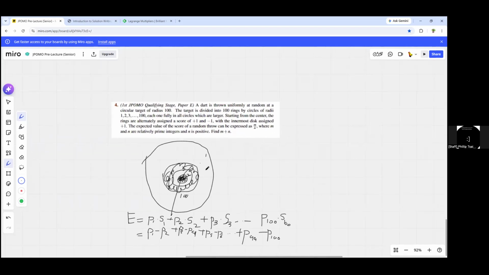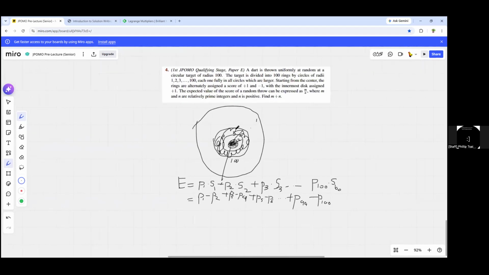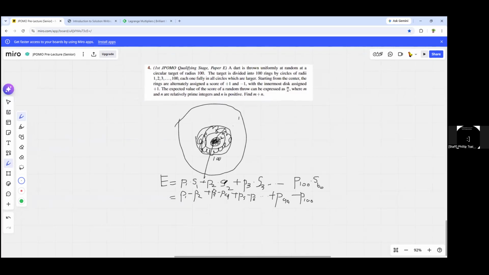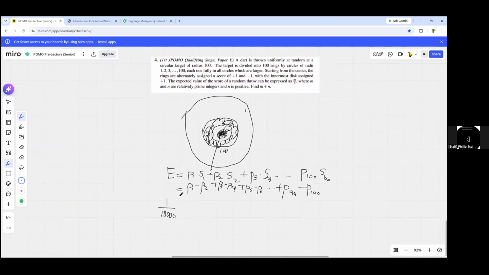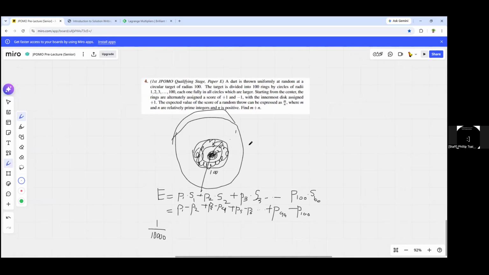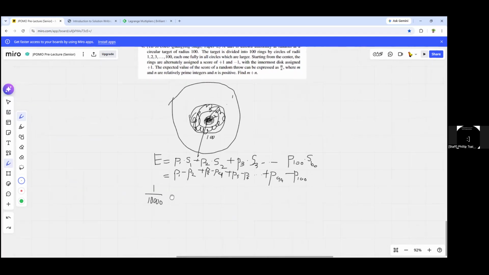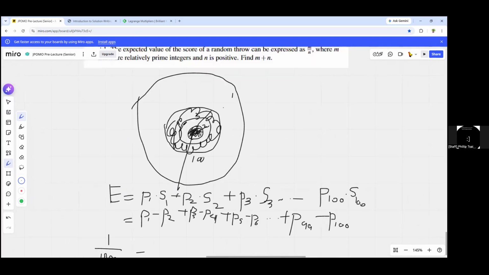So here, the probability of hitting ring one, which is the innermost circle, is 1/10,000, because 10,000 is the area of the whole target. That's the probability of that. And then you have to subtract the probability of reaching this ring here.